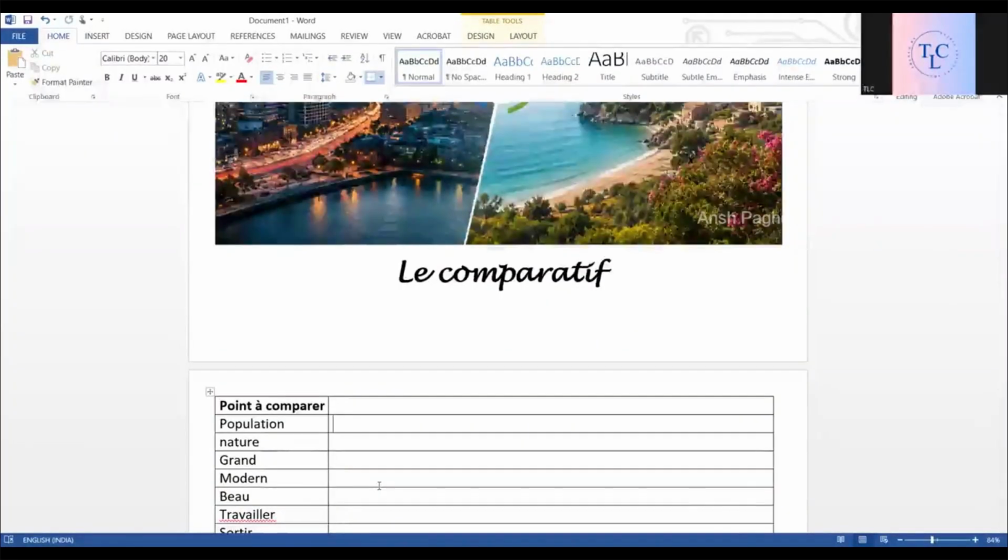Population. So I can say, il y a plus de population dans la ville. Okay, I don't want to mention que. It is obvious that here I'm comparing it to a village. So, il y a plus de population dans la ville. That's it.